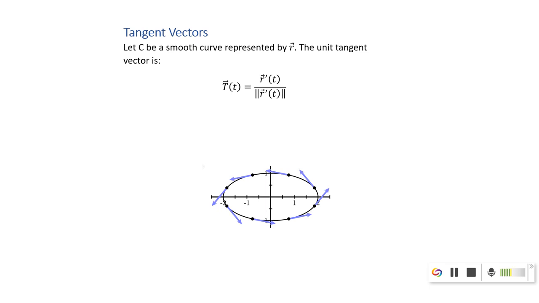Now, in many cases, we might actually want to find a unit tangent vector. And if we recall back to the previous chapter, a unit vector has a magnitude of 1. So our unit tangent vector, which we are always going to use the letter T for, is going to be our derivative divided by the magnitude of our derivative.